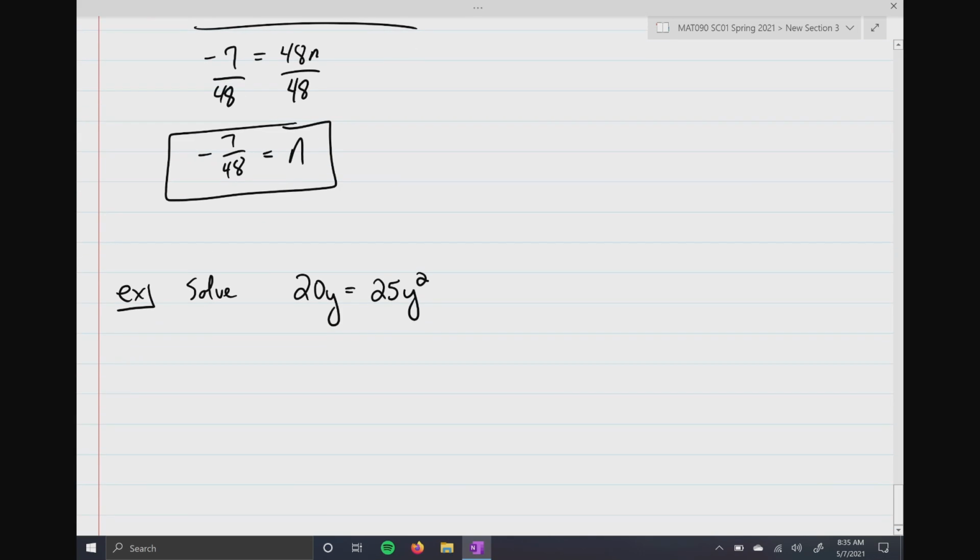Now, once again, I'm going to ask the question that I did in the previous. What type of problem do I have? Is this linear, quadratic, absolute? Is it an inequality? What is it?